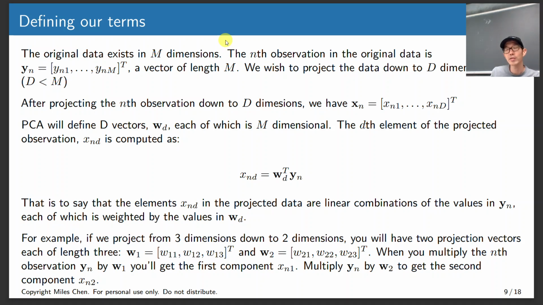After you project your original data, which we'll call y, where each observation in y is a vector of length m, we're going to get x. So x is our reduced data, and each observation in x is a vector of length d.